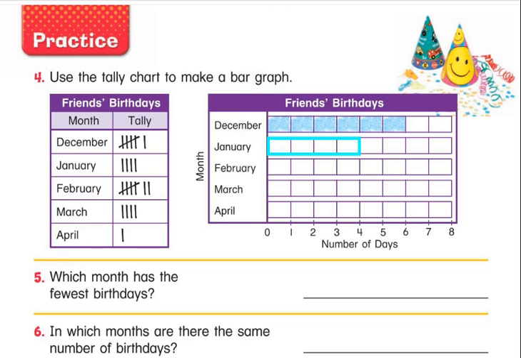Now for the next one, for February we have 6. 1, 2, 3, 4, 5, 6, and for March we have 4, so we should color 4. 1, 2, 3, 4, and for April only 1.